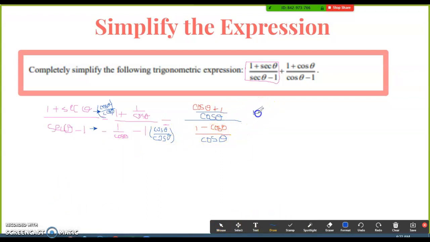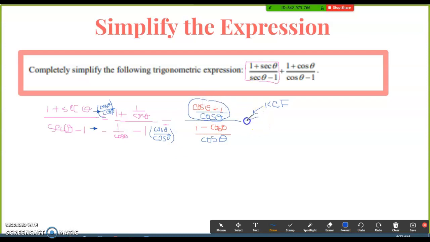Now, guys, look at this. We have that superfraction situation. So I know you're thinking keep, change, flip. Go ahead, pause the video, and I want you to work out keep, change, flip. I know a lot of you aren't comfortable with that, but remember, that's just saying, hey, I'm taking the numerator divided by the denominator. I want to keep the numerator the same.